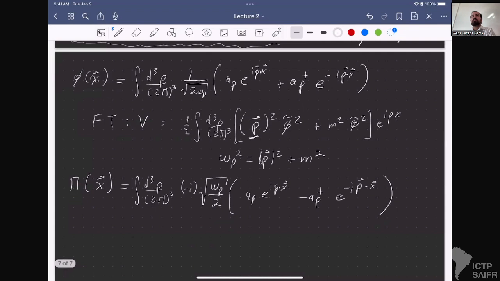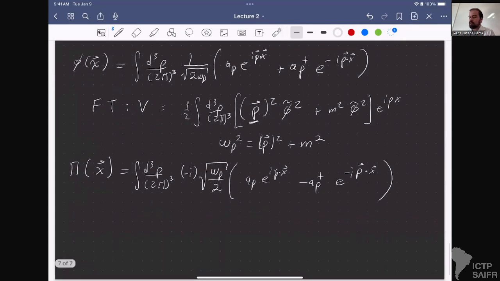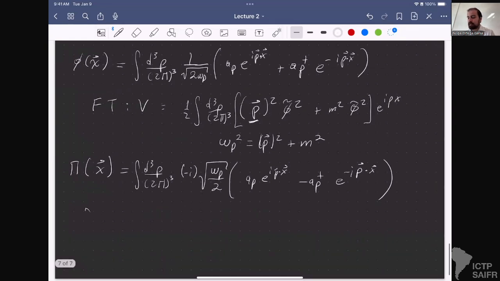You can do this transformation of the fields, propose this Fourier decomposition, and you will find that these new operators again satisfy a relatively simple commutation relation, based on the commutation relation of the fields and the conjugate momentum. So now these will satisfy 2 pi cubed and the three-dimensional Dirac delta of p minus q.